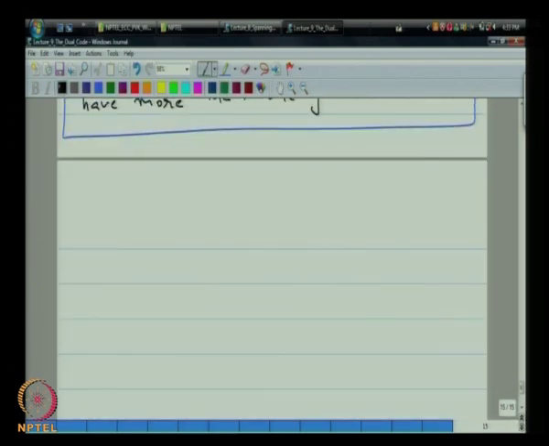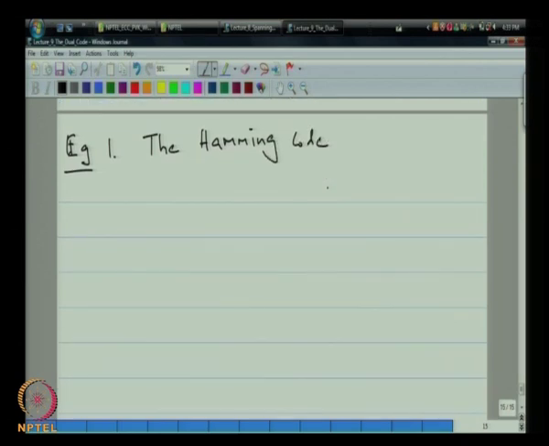So, example 1, the Hamming code, so the example was provided earlier.